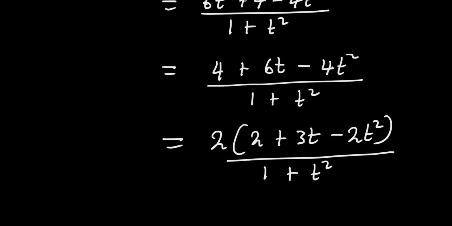So now 3 sine x plus 4 cos x is equal to this value.